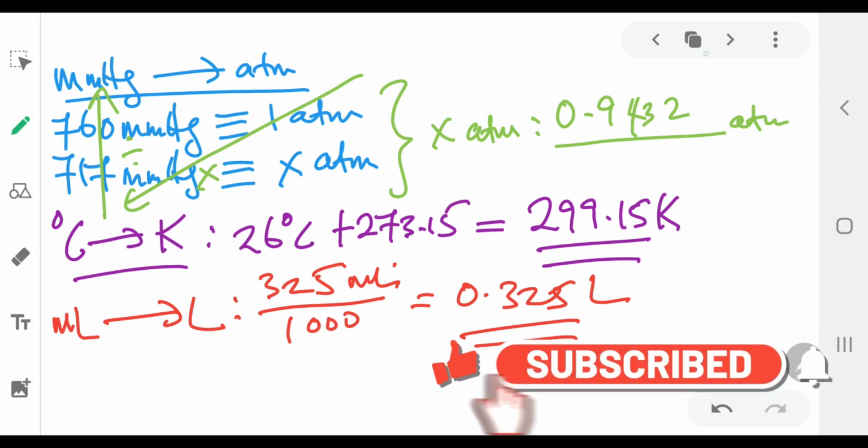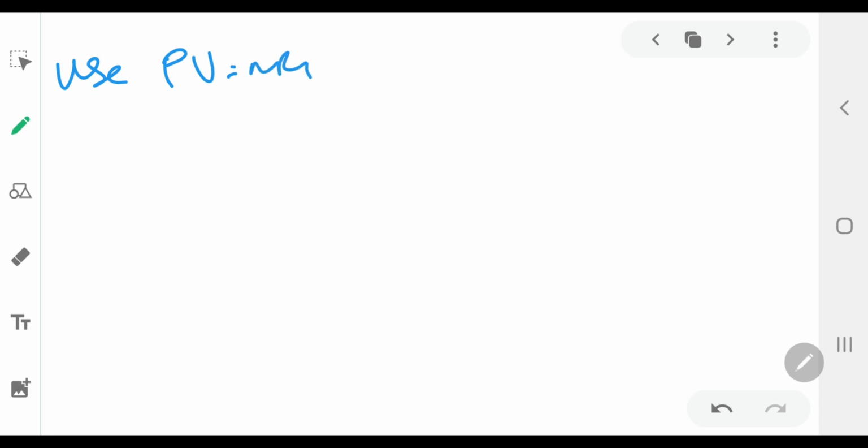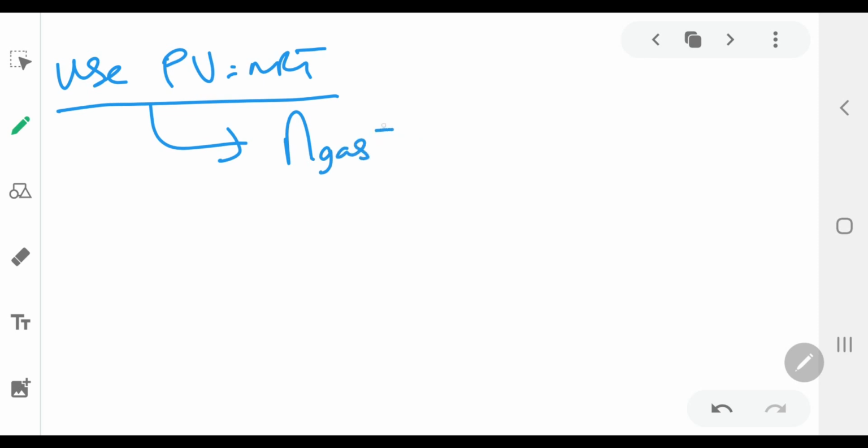Now we can proceed to use PV equals nRT to find n, the mole of gas. We can rearrange, so n is the pressure of the gas times volume over RT.